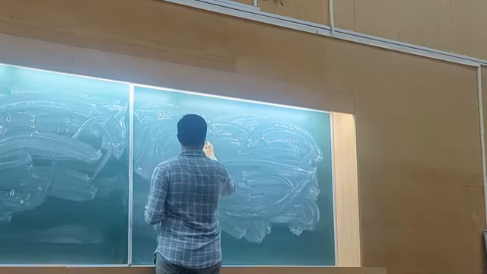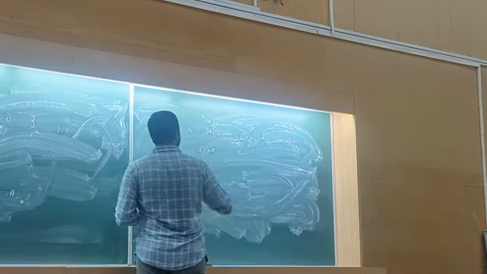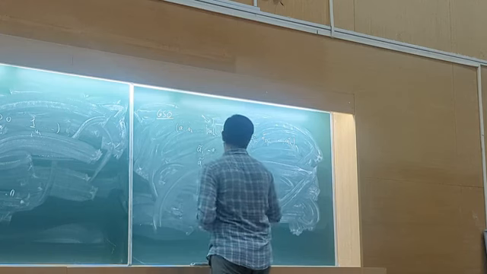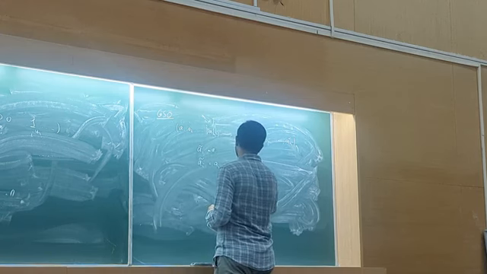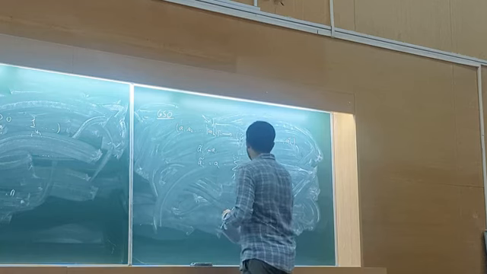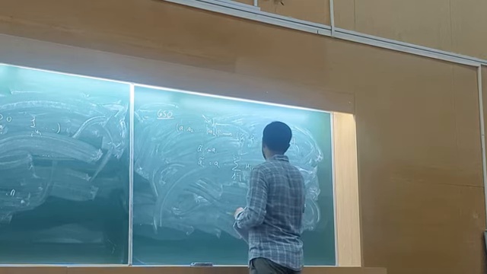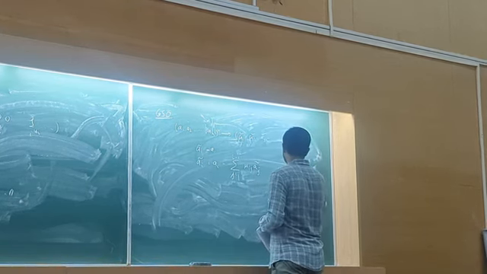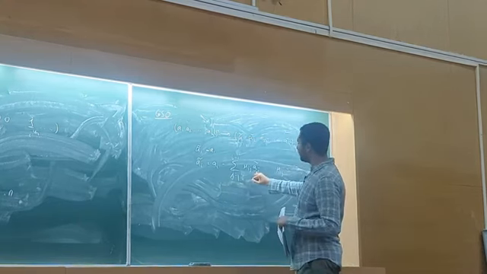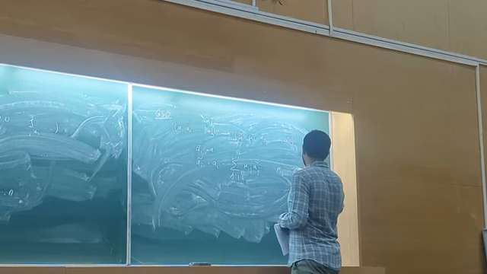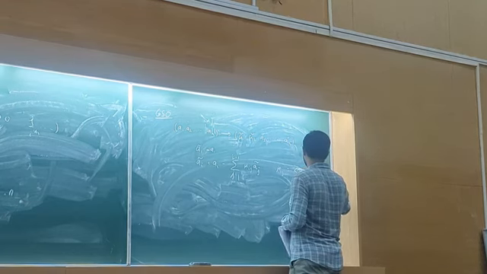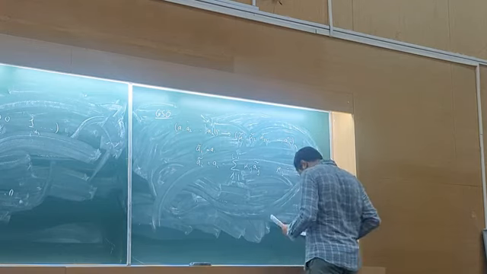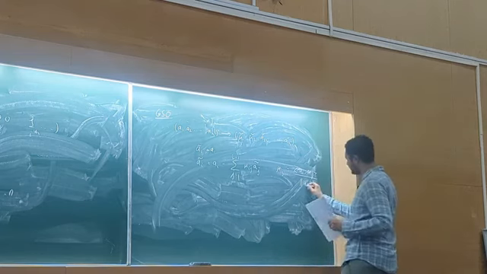So a1 in the new set is equal to a1 in the old set, and ai in the new set is defined as ai minus the summation from 1 to i minus 1 of mu ij times aj in the new set, where mu ij is sort of the projection of the j vector on i. I'm sorry, this should be here.